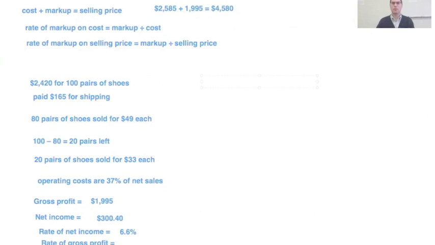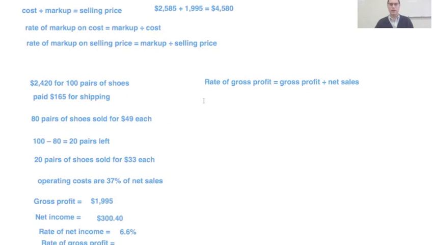The rate of gross profit is going to equal our gross profit divided by our net sales. Notice that we're always dividing by net sales. Everything is compared to net sales, which once again, remember, are $4,580.